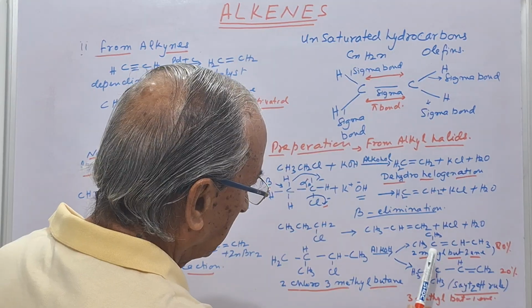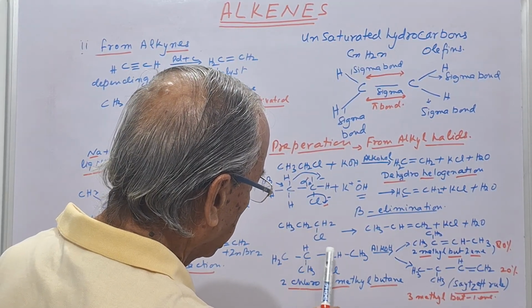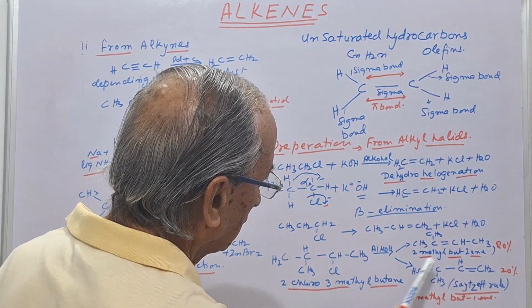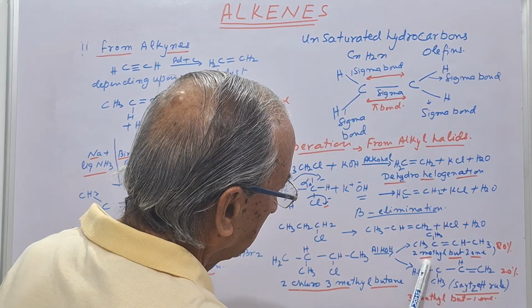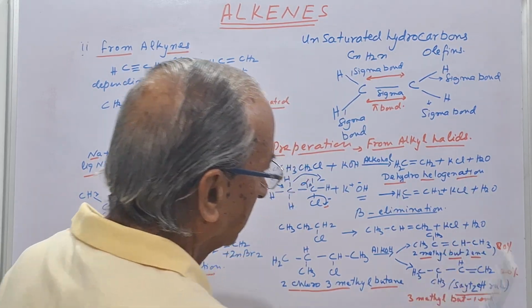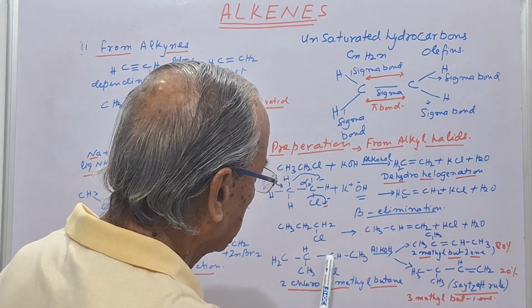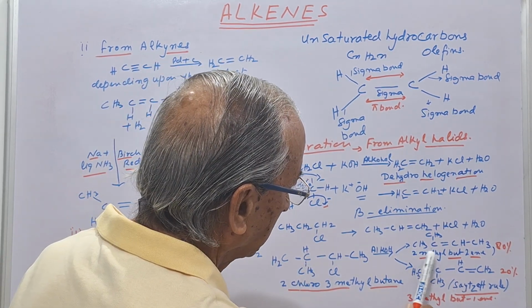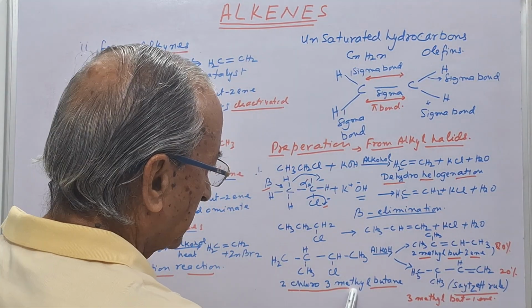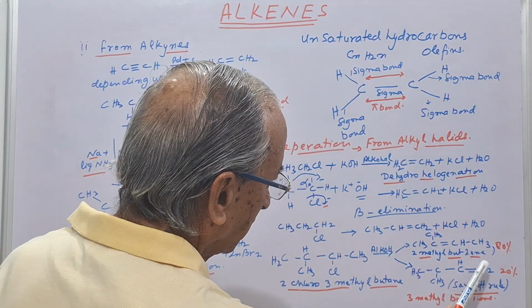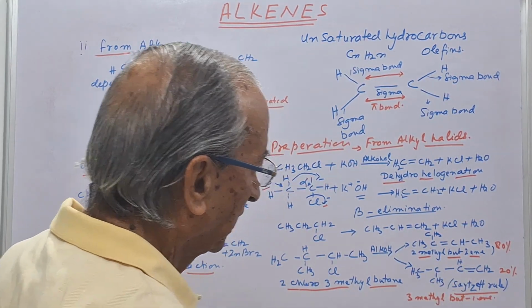First, take the example when the beta carbon atom is next to the carbon having the chloro group, so here it forms 2-methyl but-2-ene. Here the beta carbon atom is this C and hydrogen is liberated from this to form 2-methyl but-2-ene. And in the second case, it forms 3-methyl butene-1.